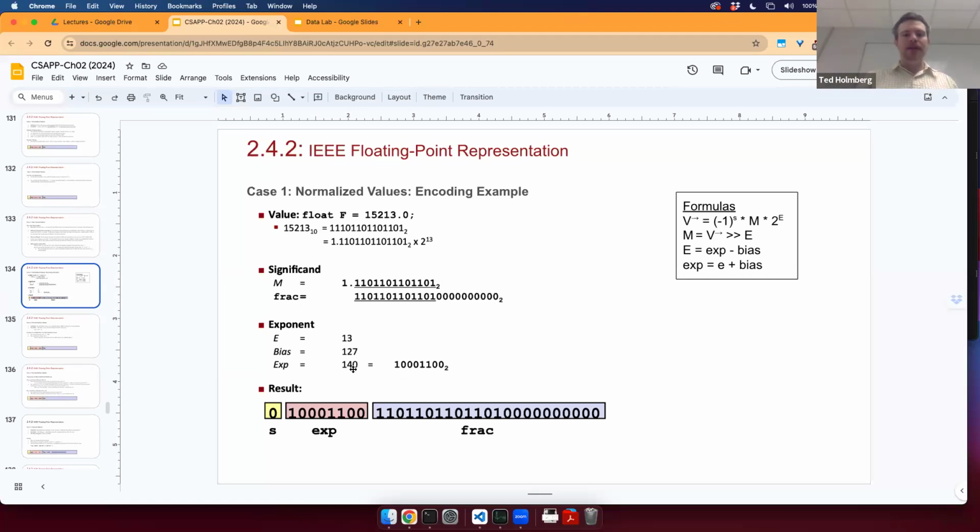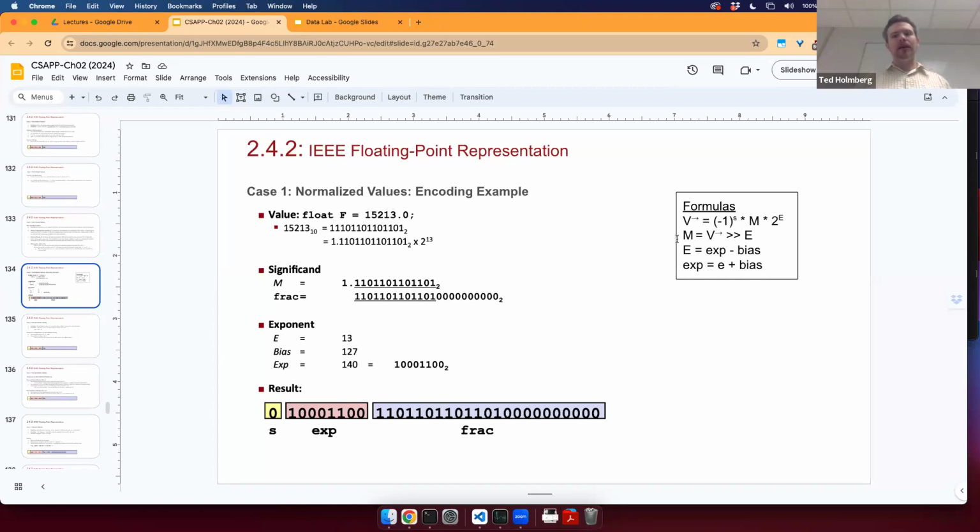And so this term here would be encoded as this sequence here. And if we look, this sequence in the red is in our exponent field. And then in terms of our significand, that's going to be our blue term here. We would have our M.